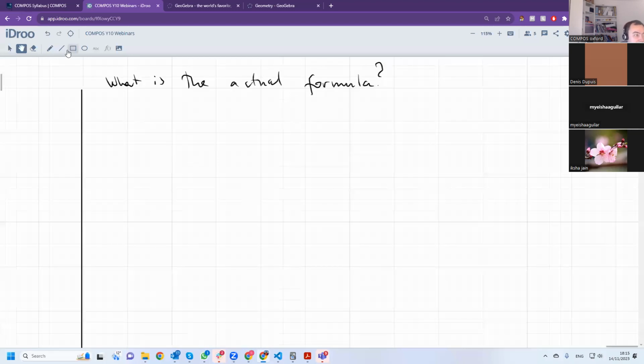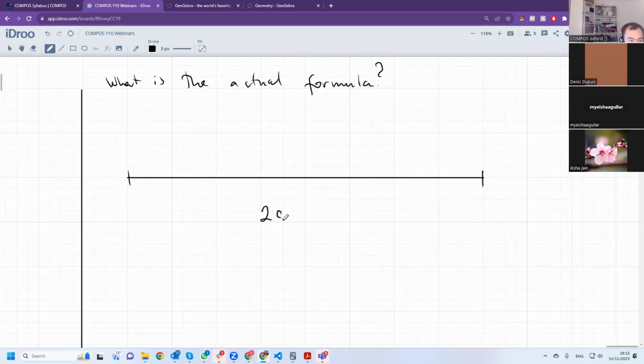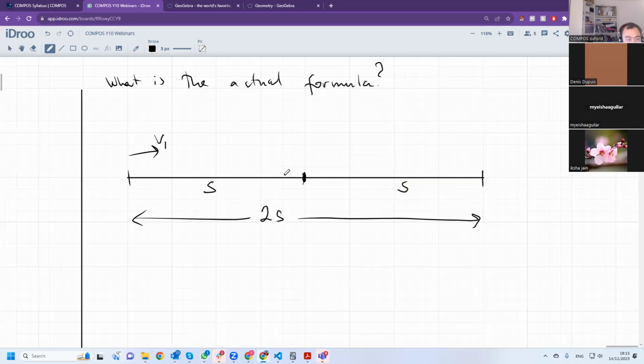Okay, so what do we do? Let's say we have a distance, and the distance is 2s. This is convenient because I can use s as the first half and s as the second half. The first half is at speed V1 and the second half is at V2.